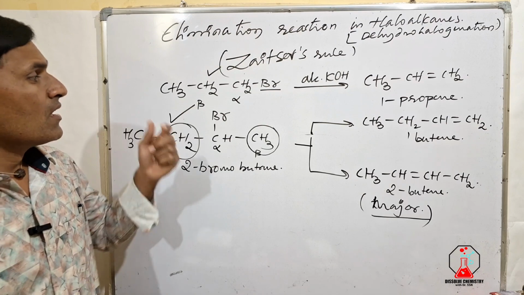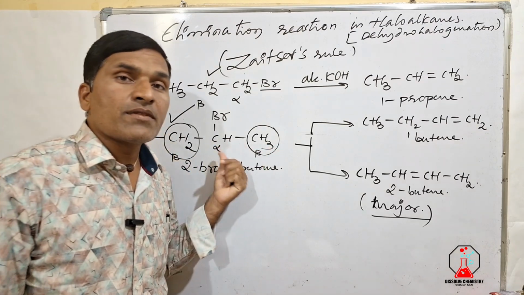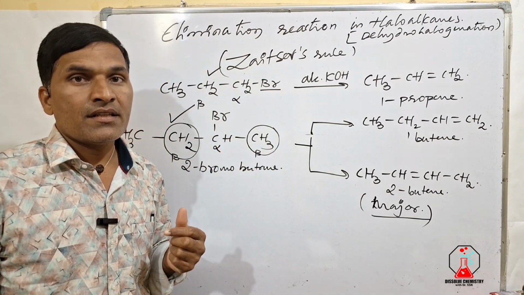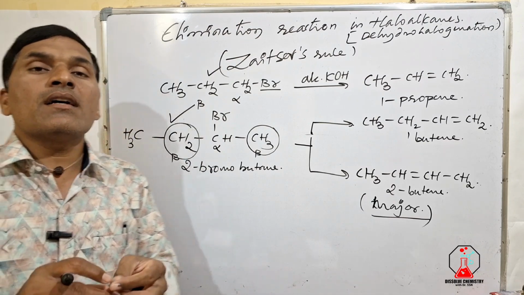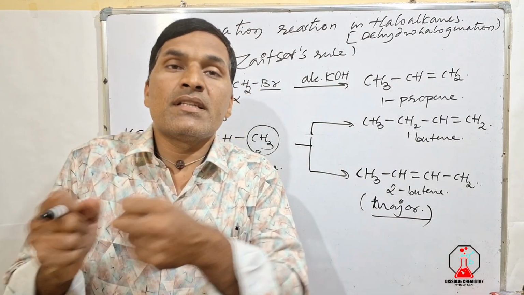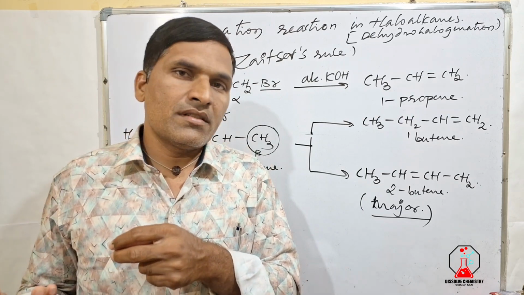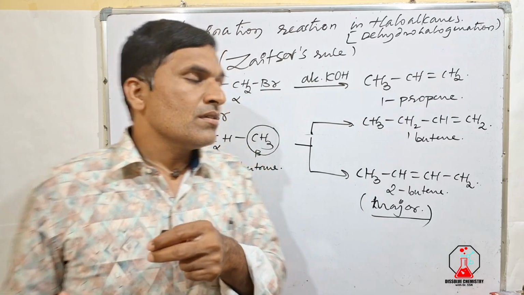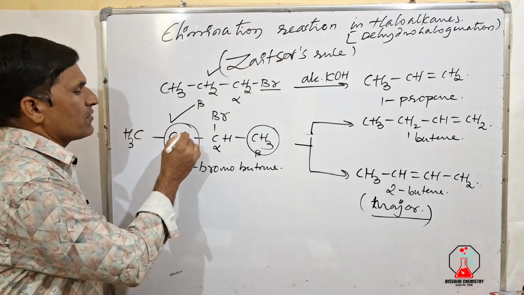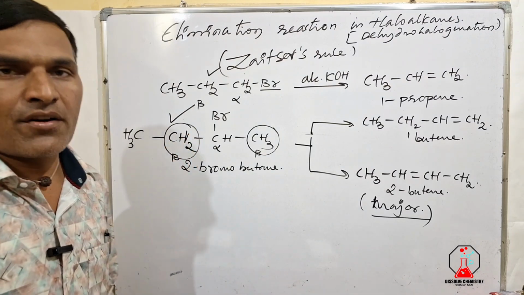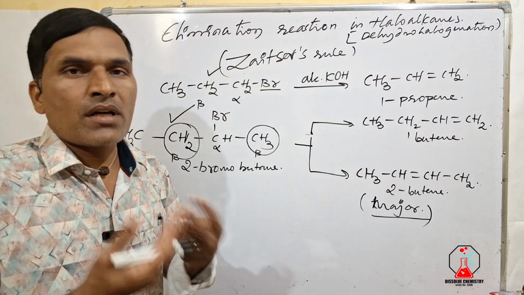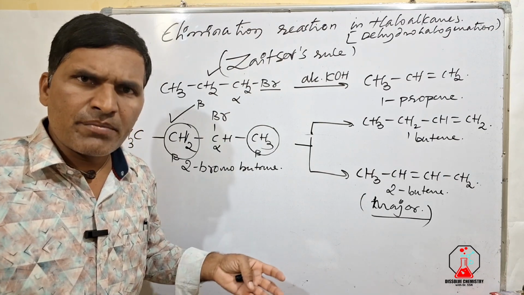What Zaitsev's rule says is that if there are two different types of beta hydrogen present, then preferably the hydrogen abstracted by the base is the one on the more substituted carbon, or we can say the carbon which contains very few hydrogen atoms. From that, the proton is eliminated.